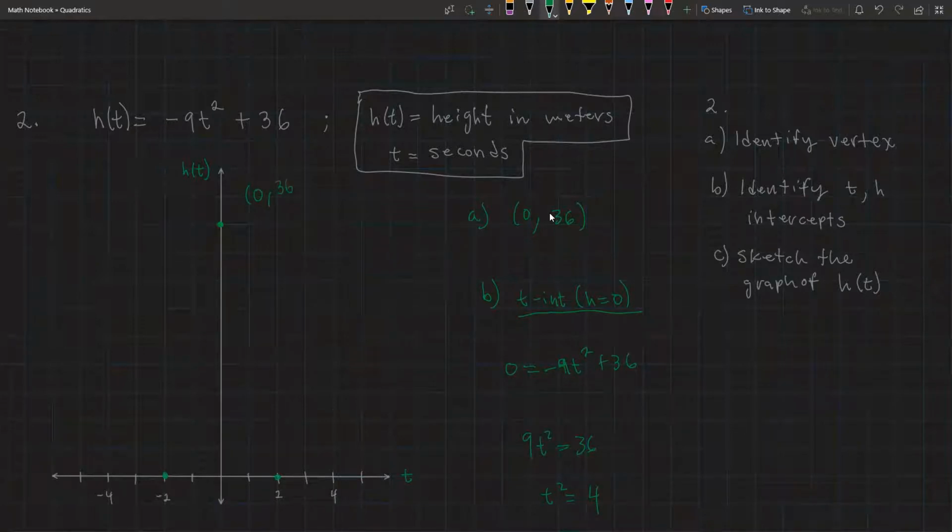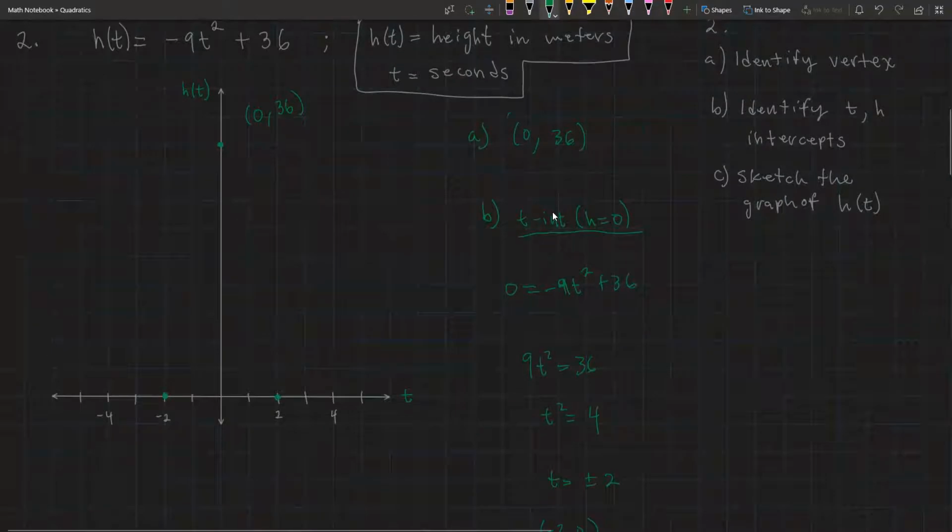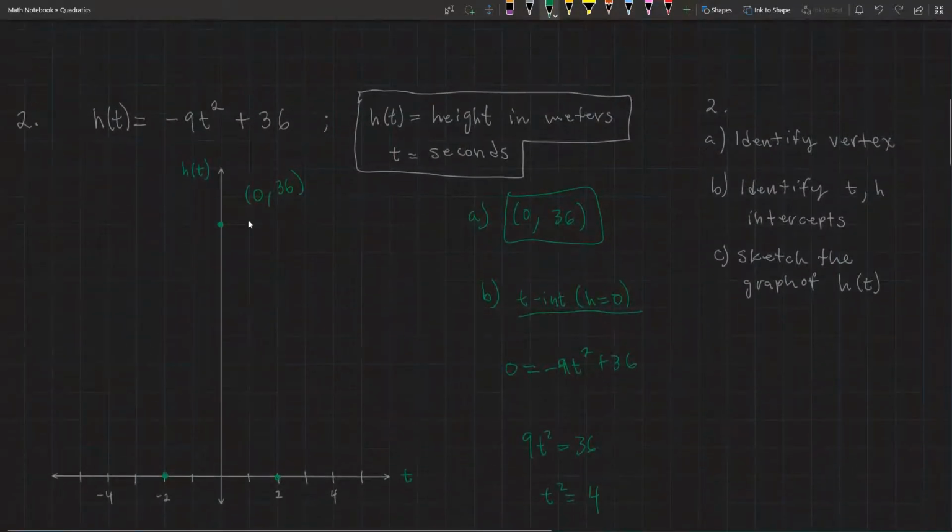So it's also the h-intercept. We don't need to solve for that anymore. So that's key. That one's powerful. This one is the vertex, but also the height intercept, right? And then you can see that perfect symmetry about the two sides of the h-axis.